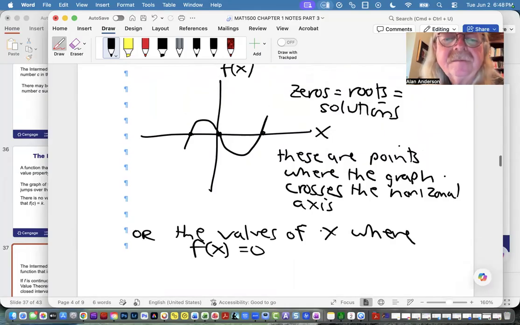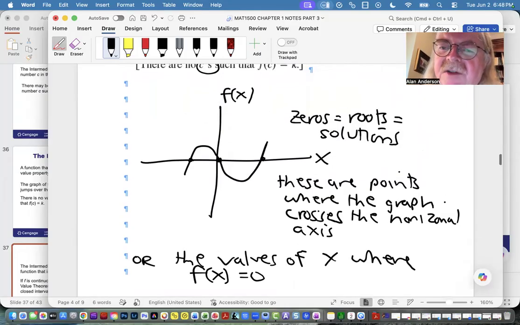It means the same thing, and that's why they're called zeros, by the way. If I plug these x's into the original function, they're going to give me a 0.